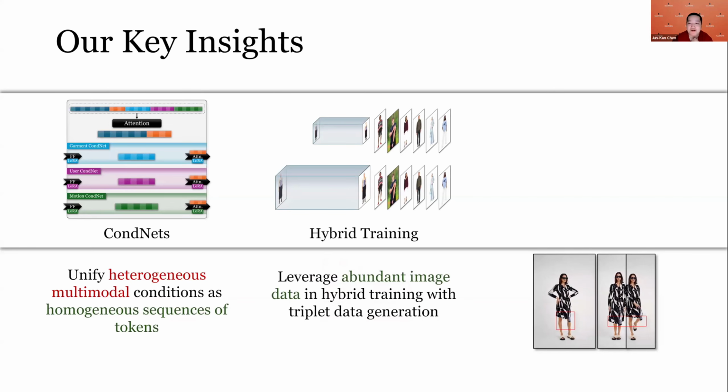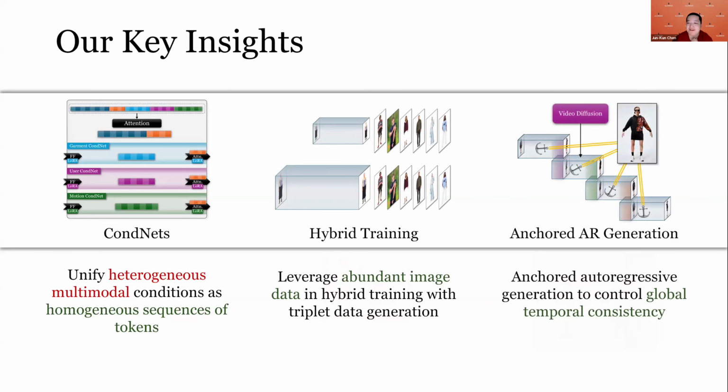We also introduce a triplet generation mechanism to augment the data. And finally, for long video generation, we develop an autoregressive framework that reduces the compute cost and removes the need for long video training data. This method further enforces global temporal consistency and ensures smooth and coherent appearances. Now let's begin with the conditioning.